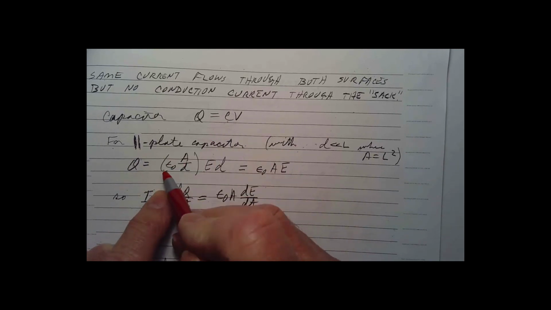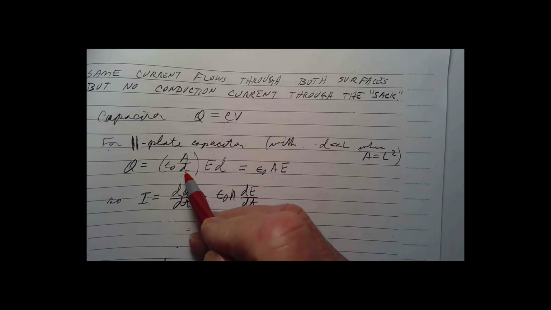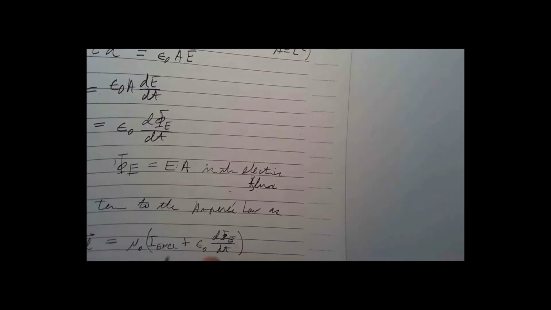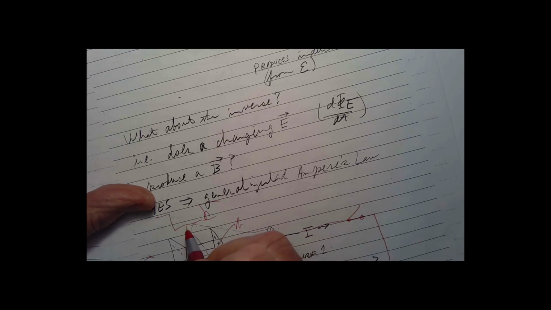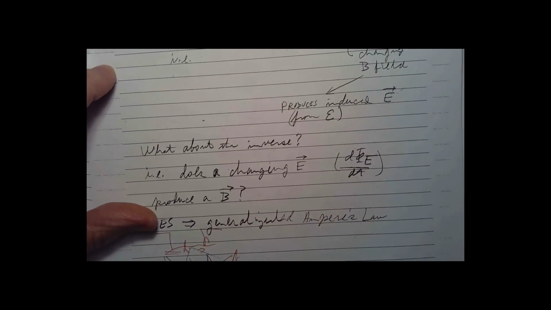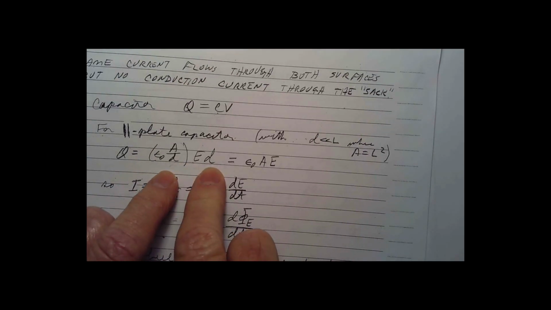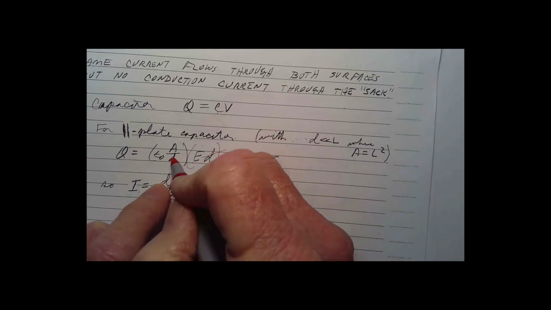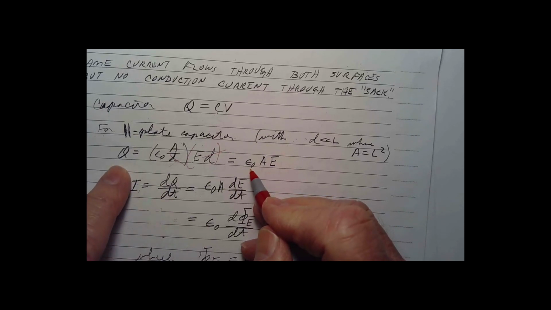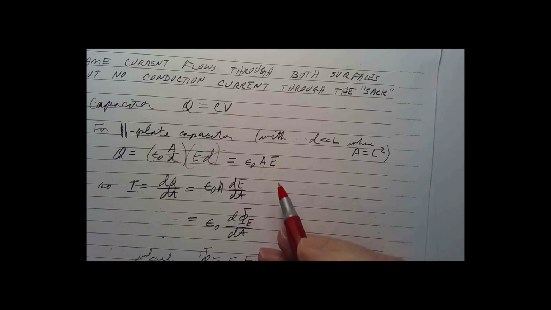Q is C, and the capacitance for a parallel plate capacitor is epsilon naught times the area over the gap, the area of those plates, and that gap d between those plates. The voltage is the electric field times the distance. Remember that for a parallel plate capacitor. Put those two things together, and this d cancels that d, and you get a real simple result that says the charge is epsilon 0 times the area times E.